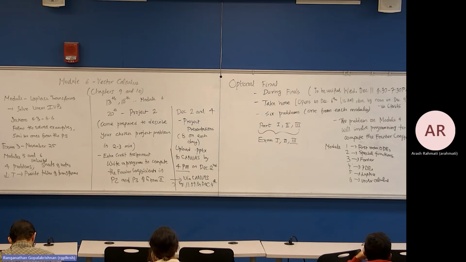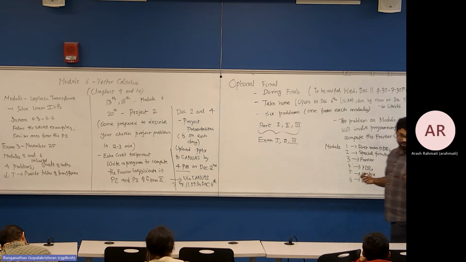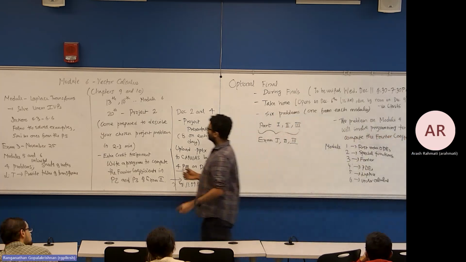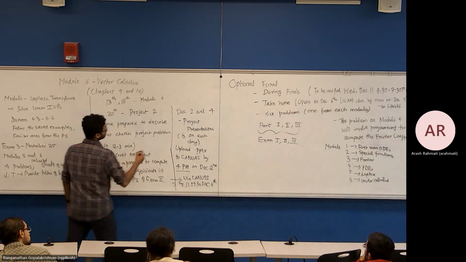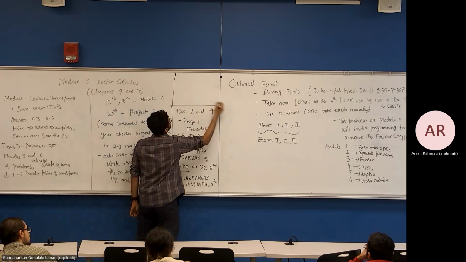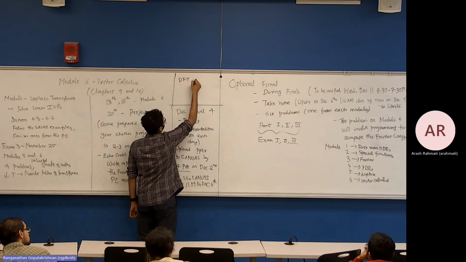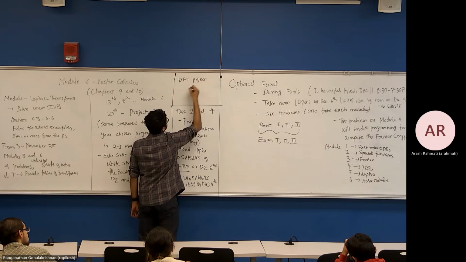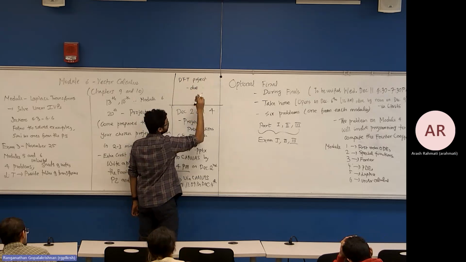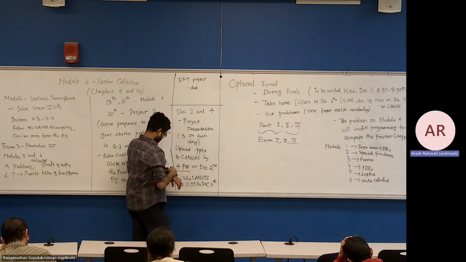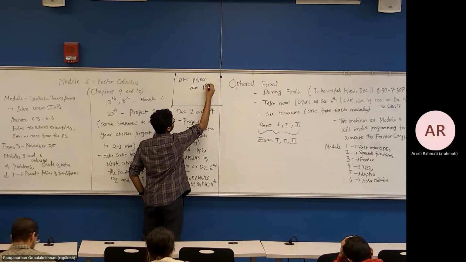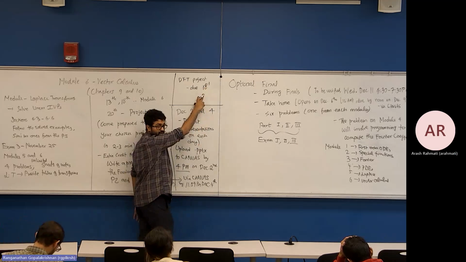What other loose end is there in the course? Your DFT project, right? The DFT project is due next Wednesday. What is next Wednesday? 18th? No, Monday is the 18th.